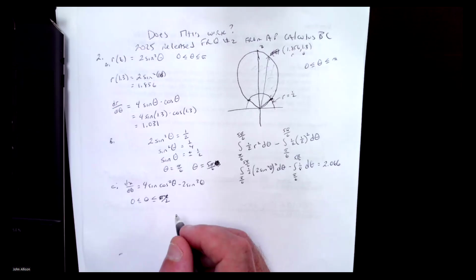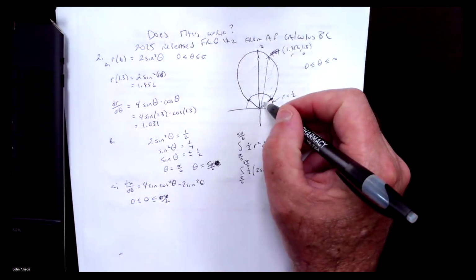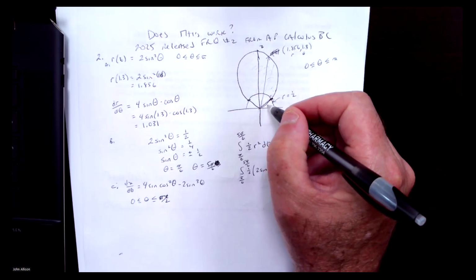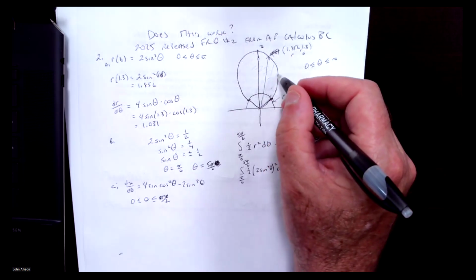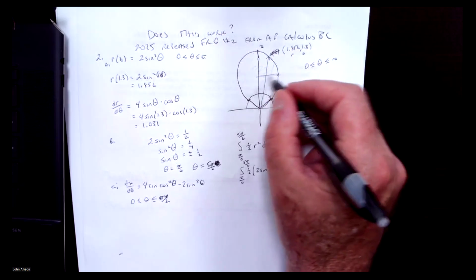Find the value of theta that corresponds to the point on the curve C that is farthest from the y-axis. So from 0 to pi over 2, we want to find the point on the curve that's farthest from the y-axis.